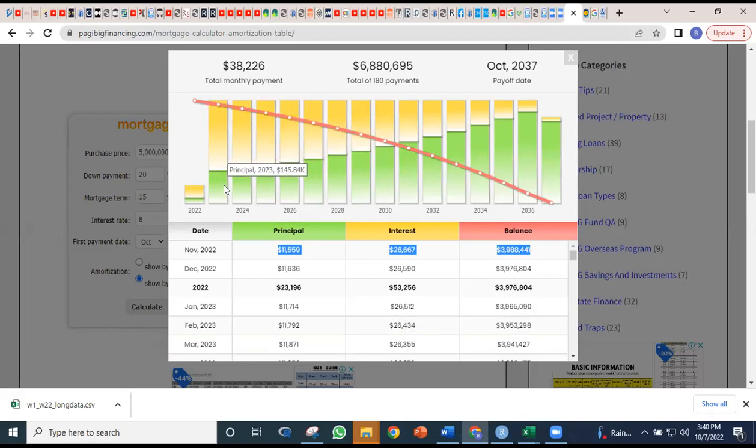And then over time, pag nababawasan na yung principal balance, lumiliit na yung interest. Diba? Kasi yung interest based on the principal balance. Ang pinakamalaking interest yung sa unang-una, no? Kasi ang principal balance is 4 million.